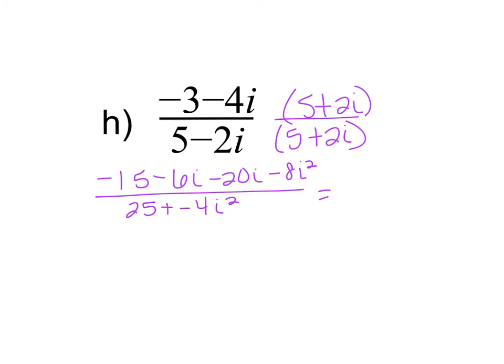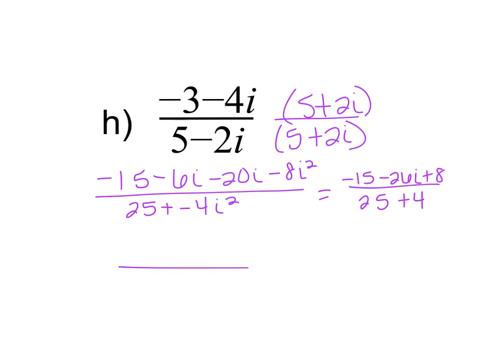So that would give me, on top, negative 15 minus 26i plus 8 over 25 plus negative 4, so that would be plus 4.